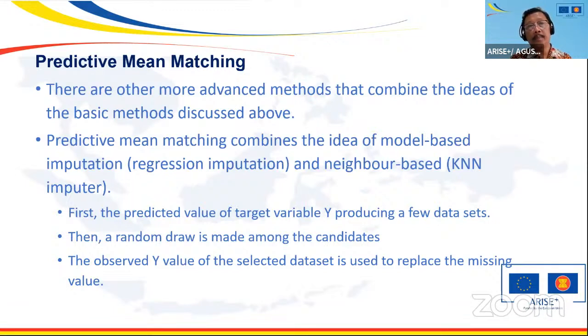But in predictive mean matching, because of the constraint within this environment of the neighborhood, the constraint is something like this. For example, we are talking about income, and we have other variables, unemployment, the size of the floor, the house, for example.